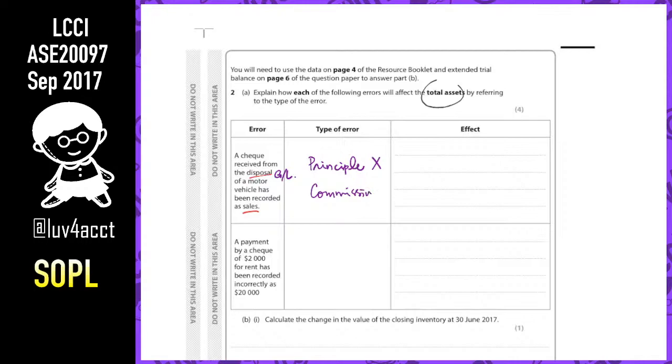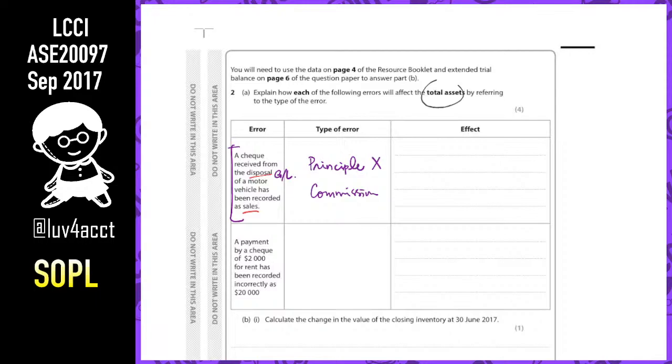Because it does not say that the receipt of cash, I mean, instead of recording it in cash, was recorded in sales. Okay, it's not like that. Anyway, the worst thing is that, for me, this error won't affect total assets.